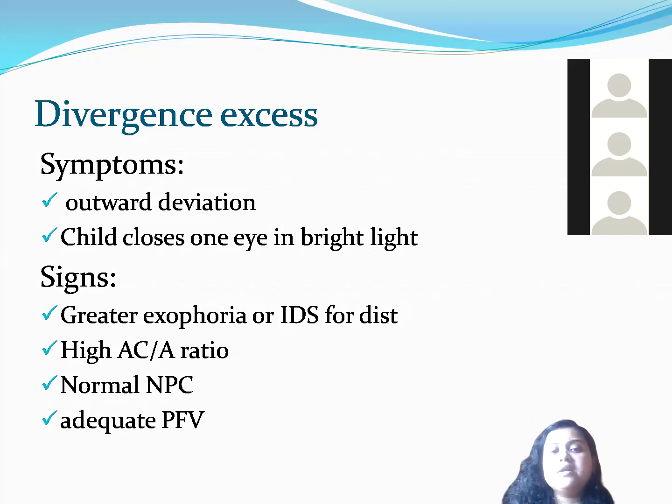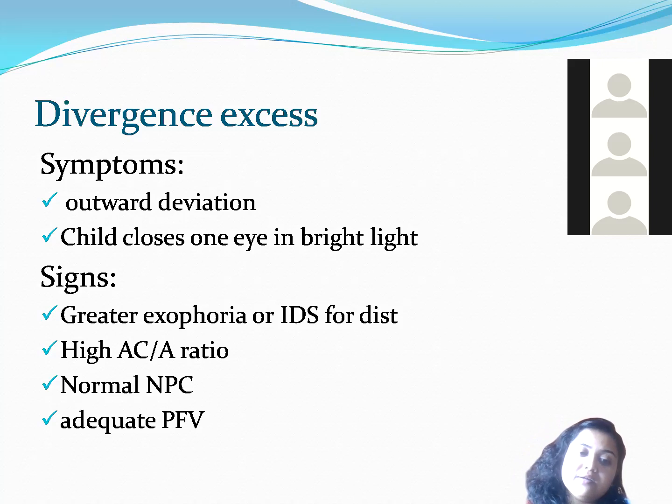The patient is completely normal whenever he is looking at you or looking at near, there is no problem. But whenever he is looking at distance, you find that sometimes one of the eyes is going out. If you are doing a cover test, a Maddox test or a Thorington test, you will find more exophoria for distance. Normally they come with an IDS for distance. This is a divergence excess case.